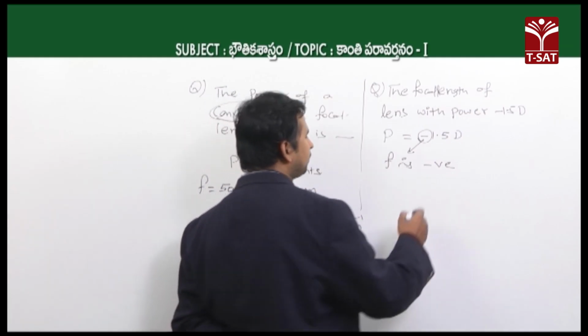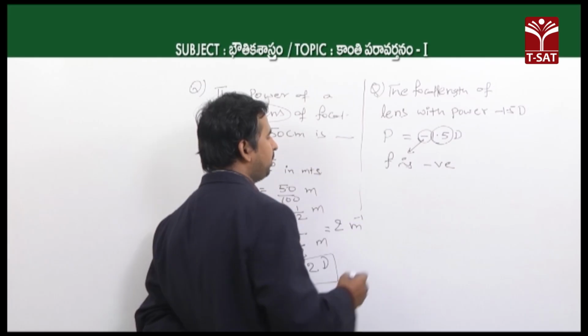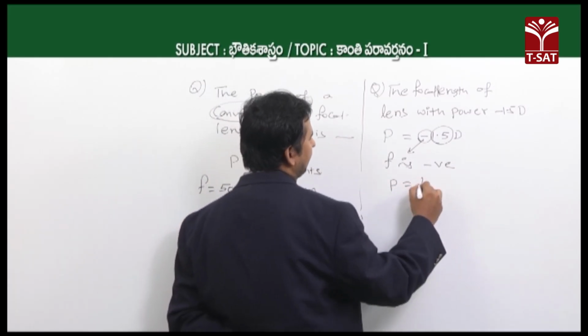Now, for the magnitude, which is 1.5, we know that power P is equal to 1 by f.